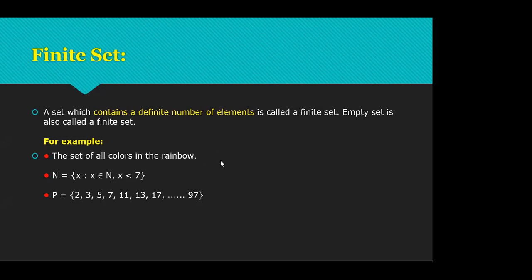May bilang. It has a finite number of elements. So for this set N, wherein x is an element of N, and x is less than 7. So what do you think are the elements for this set?